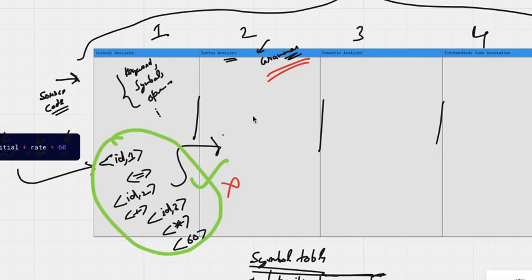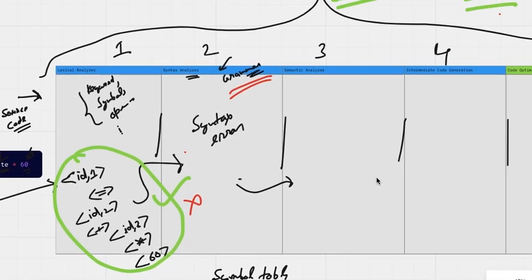So it's basically checking syntax errors. Now after that, it passes this information to the next phase, that is the semantic analyzer.